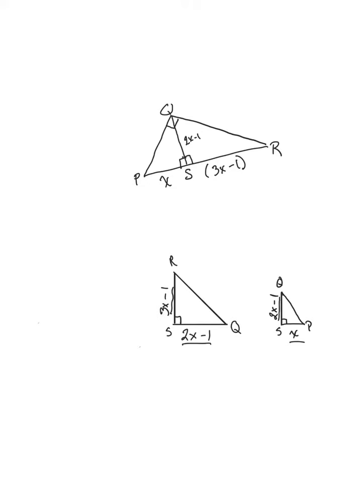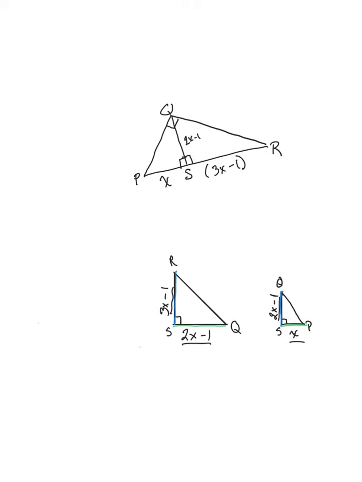So now we have to create a proportion. It's really important when you do this that you make sure that you're looking at the corresponding sides. So for instance, SR corresponds to SQ, and SQ corresponds to SP.